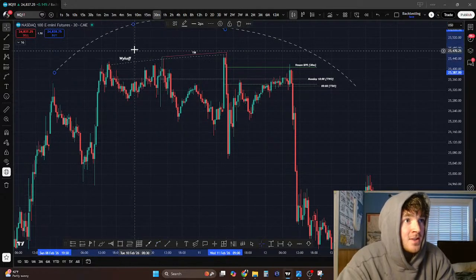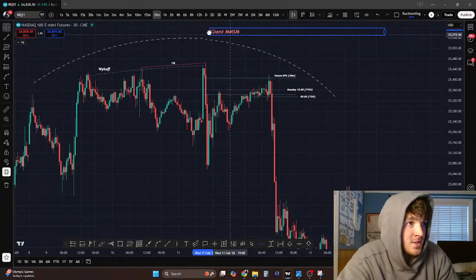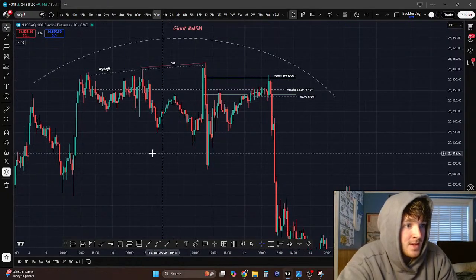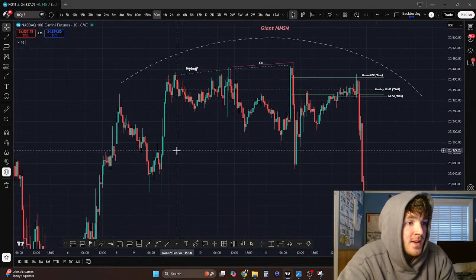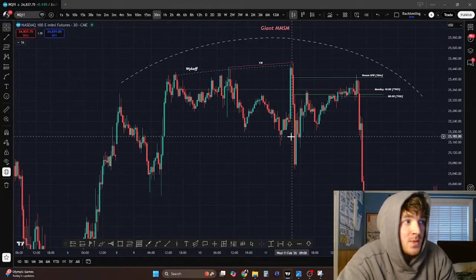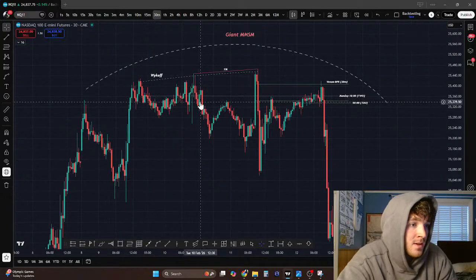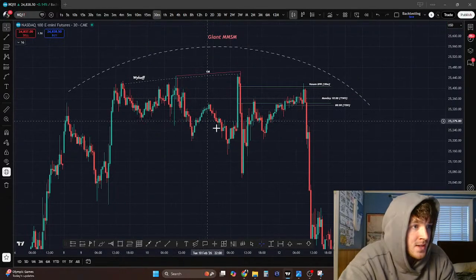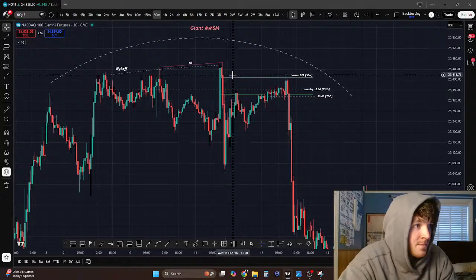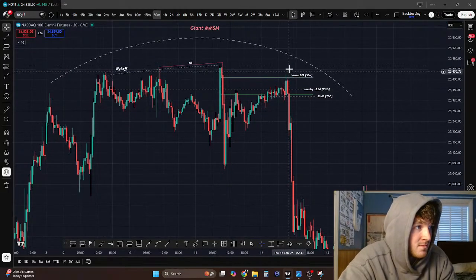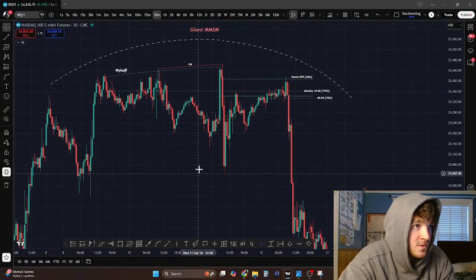Now, it doesn't look like your typical market maker sell model because it's a giant market maker sell model for the week. So what kind of weekly profile is this? Midweek reversal, essentially, because they accumulate. Here's manipulation, and then distribution. Okay.